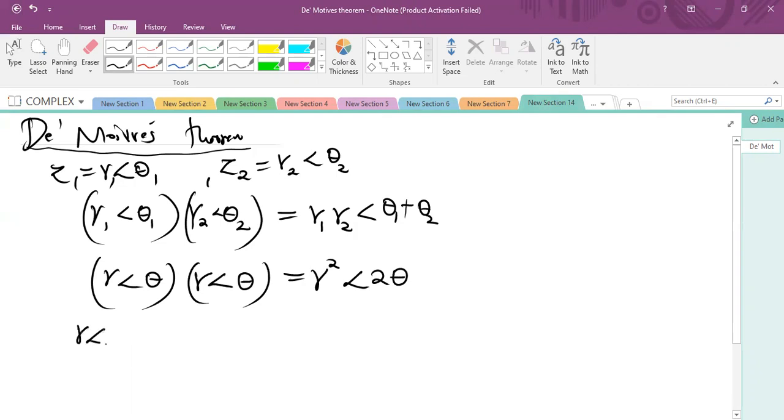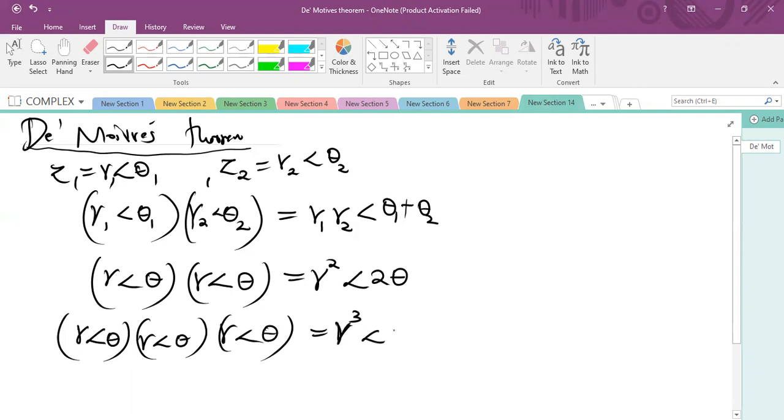Similarly, if we have R theta and then another R theta and another, this will give us R cubed, and then the value of theta plus theta plus theta, that will be 3 theta. So this simplifies to: if we have R theta and we are multiplying it n times, then this will be R raised to power n, and then n theta.